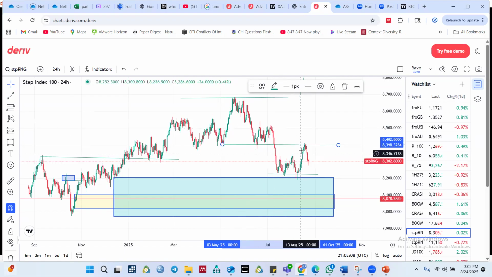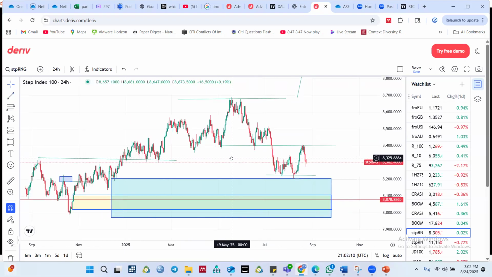We broke it, we went up to retest. Okay, so now we are bearish. We've been bullish before, but now we are bearish. So where is this bearish move going to? We broke structure to the upside, and now we are bearish coming to the downside.